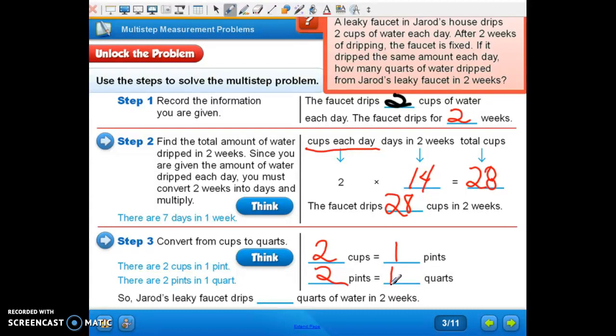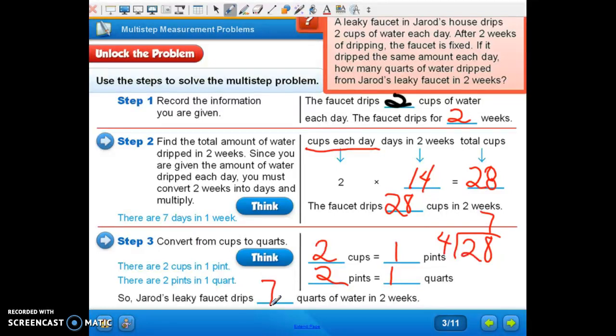So what are we going to divide 28 by to get the number of quarts? There's 2 cups in a pint and 2 pints in a quart. How many cups are in a quart? 4. So 28 divided by 4 is 7. So it drips 7 quarts of water.